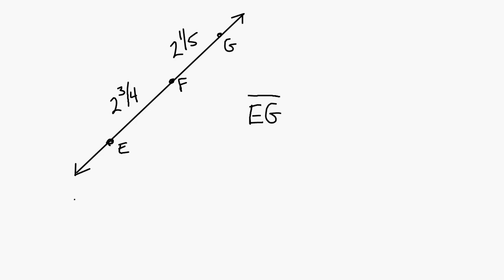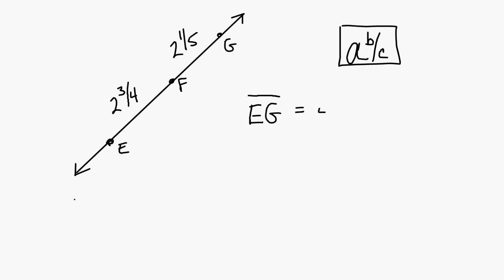Segment EG is equal to, remember, we're going to call this the fraction button on your calculator. It's down in the bottom left. So it's 2, fraction button 3, fraction button 4, plus 2, fraction button 1, fraction button 5.